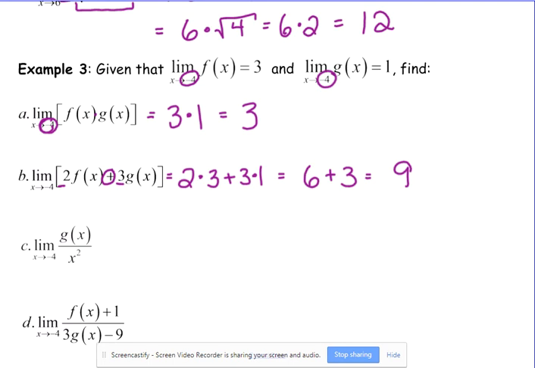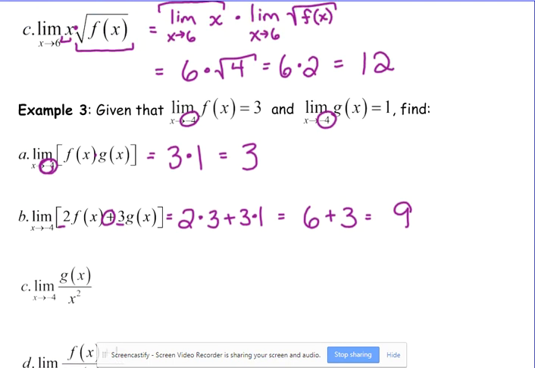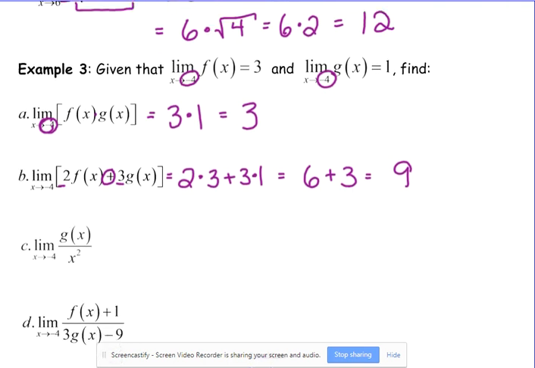Okay. C is like the example C from example 2, but it's a combination of the quotient rule here. So we've got the limit of g of x is 1. The bottom is x squared. Remember, we got to plug that number in right there. Don't be thrown off by that.